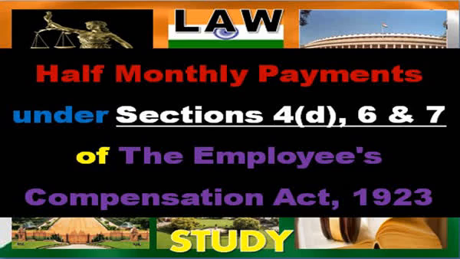And clause B. No half monthly payment shall in any case exceed the amount, if any, by which half the amount of the monthly wages of the employee before the accident exceeds half the amount of such wages which he is earning after the accident.